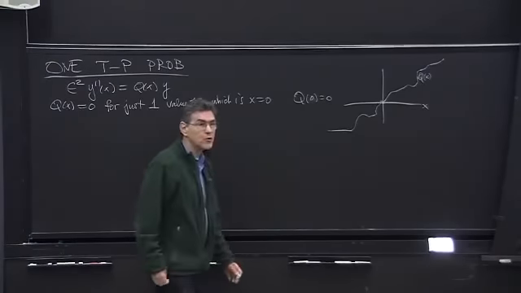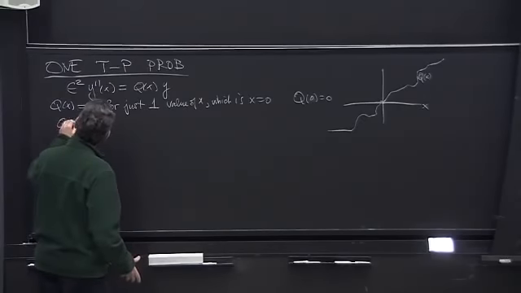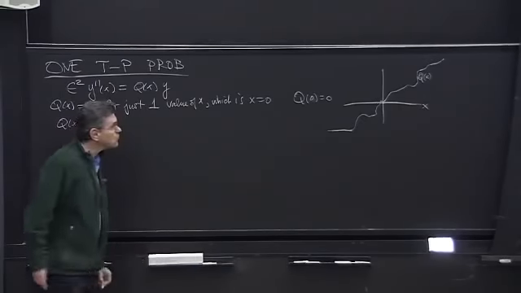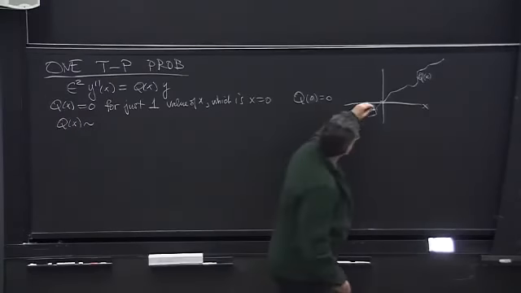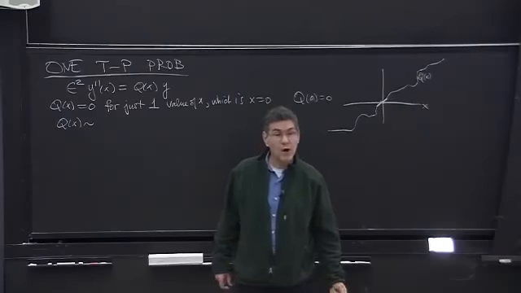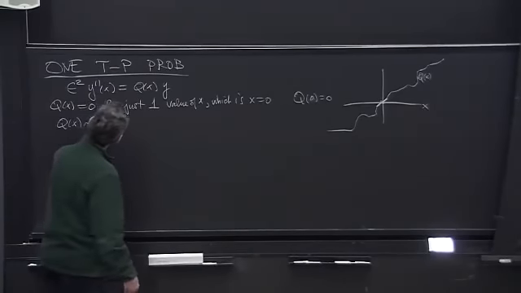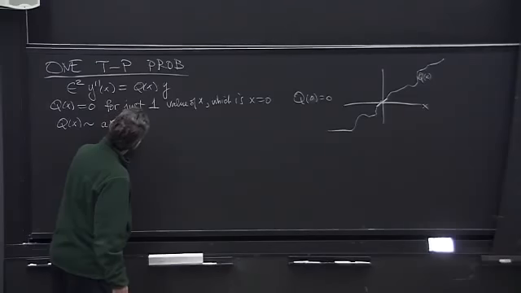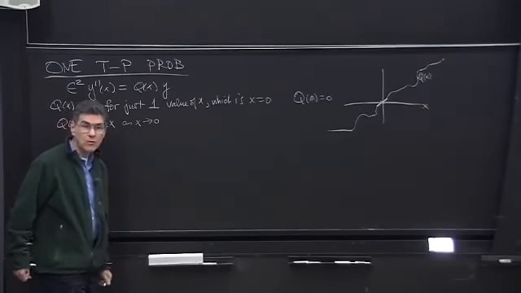And I'm going to assume, in this class, that q of x passes through 0 linearly. That near 0, this is approximately a straight line. So I'm going to assume that q of x looks like ax as x goes to 0, just passing through 0 linearly.